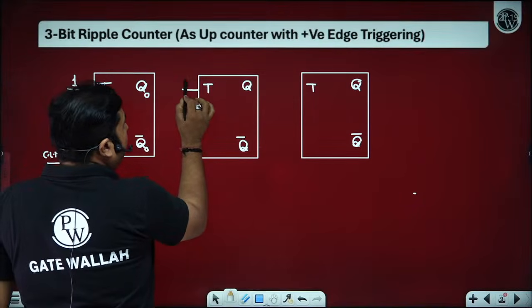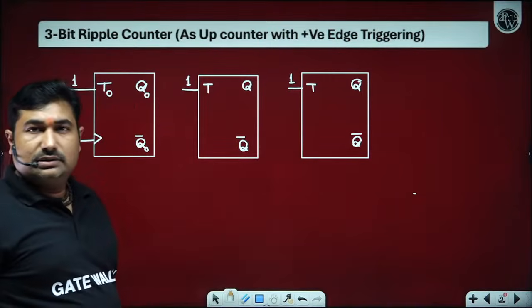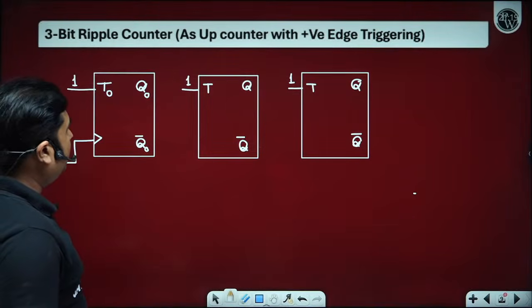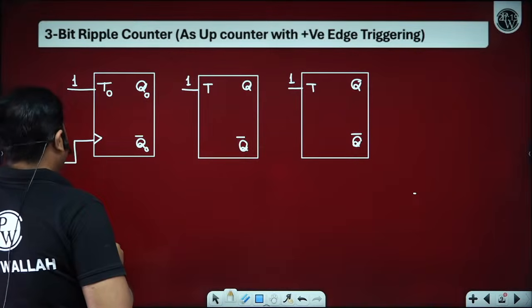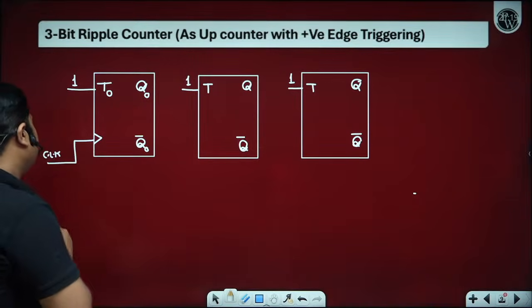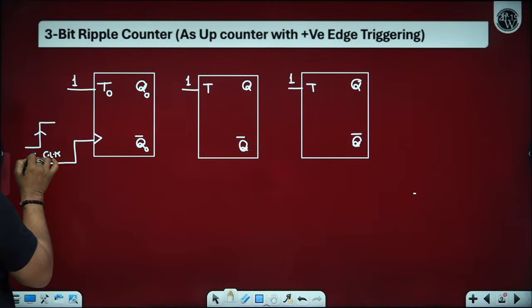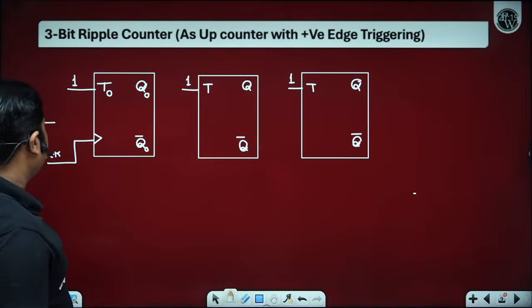In a ripple counter, flip-flops are operating in a toggle mode. Now, it's an up counter for a positive edge triggered clock. Positive edge triggered means whenever the clock changes its level from low to high, only during the transition the clock will appear and the circuit gets activated.